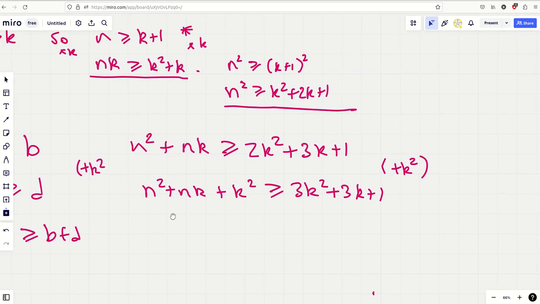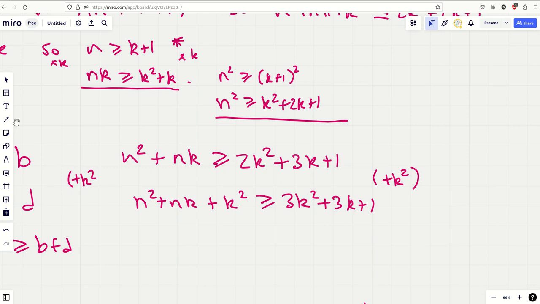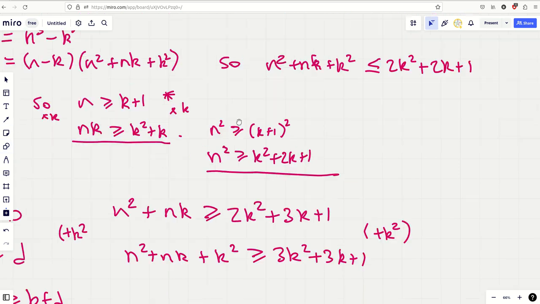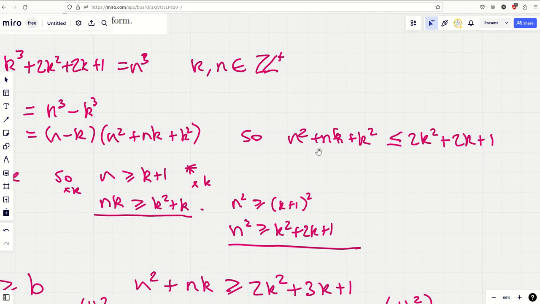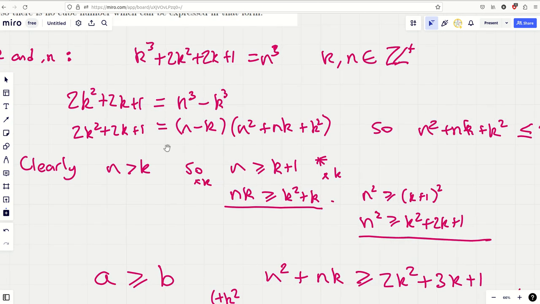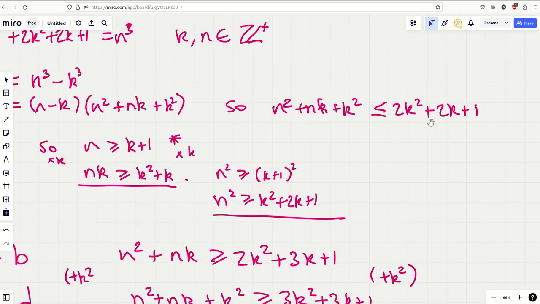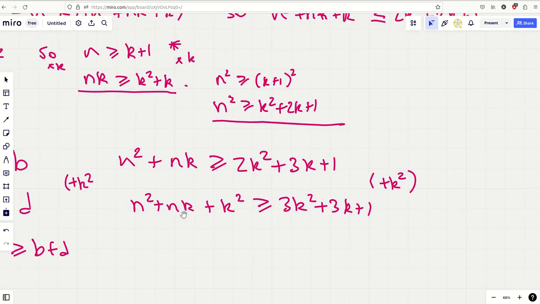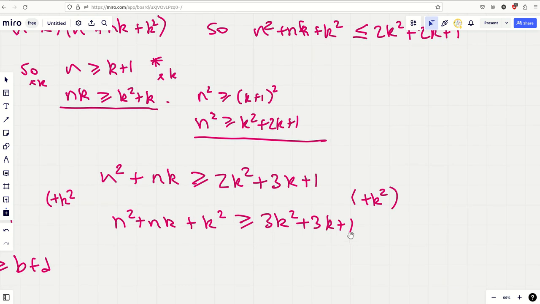Now, if you look at this, we've got this result, yeah, and then also I argued earlier that n squared plus nk plus k squared must be less than or equal to that, yeah, if that is true. Yeah, and that was from our original assumption that this was a cube number. Basically, if that is a cube number, then n squared plus nk plus k squared must be less than or equal to 2k squared plus 2k plus 1. Oh, but n squared plus nk plus k squared must be greater than or equal to 3k squared plus 3k plus 1.